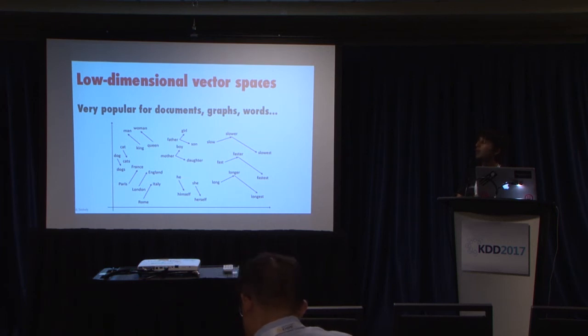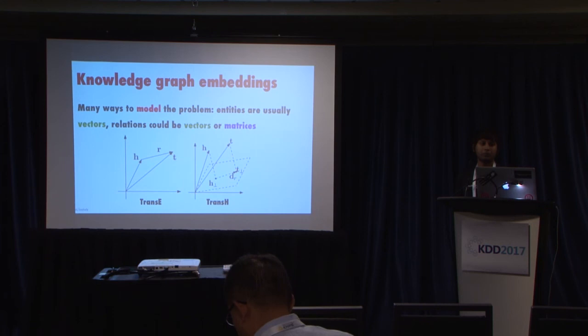And so now this kind of thing, not this exact algorithm, but this embedding technology, has become very rapidly popular. Everyone is using it for embedding documents, sentences, graphs, nodes, links, you name it. The one, of course, that we are concerned with is knowledge graphs. So how do we embed knowledge graphs into the vector space?